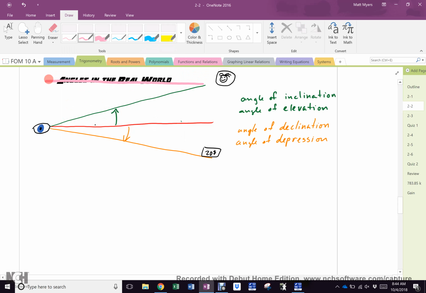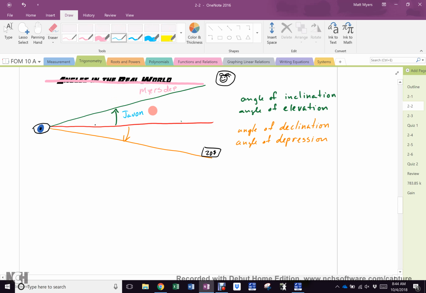When I look down at Javon, what do I make? An angle of depression. Where is it? It's between the pink and the green. This is Meyer's angle of depression. What is this green? This is Javon's what?